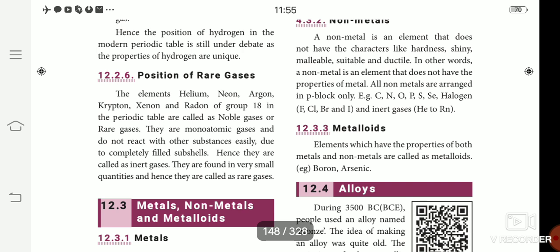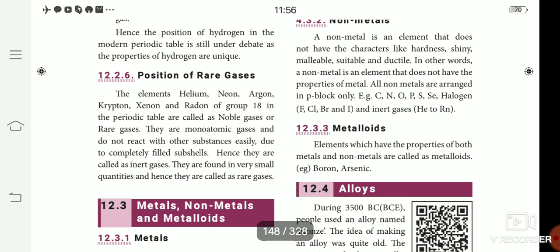Then metals, non-metals and metalloids. Which groups are present in metals? Yes, very good. Group 1 and group 2 are metals, and groups 3 to 12 are transition metals.